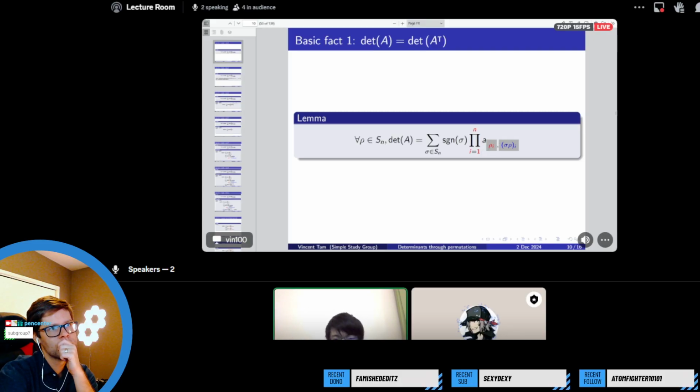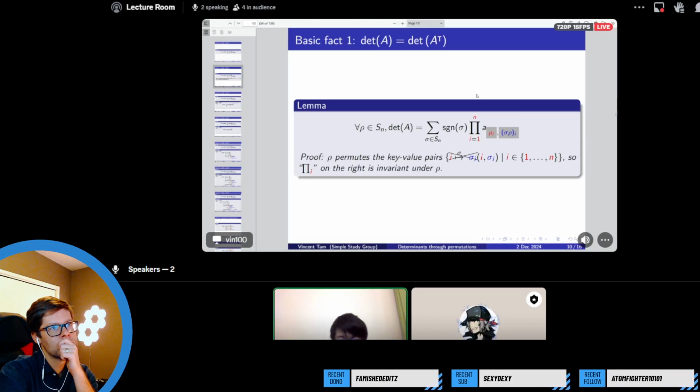Here we have a row, and this lemma tells you that we can insert a row to the left of I here. The reason is that this product sign is collecting every key-value pair here, so it's invariant under permutation of rows.